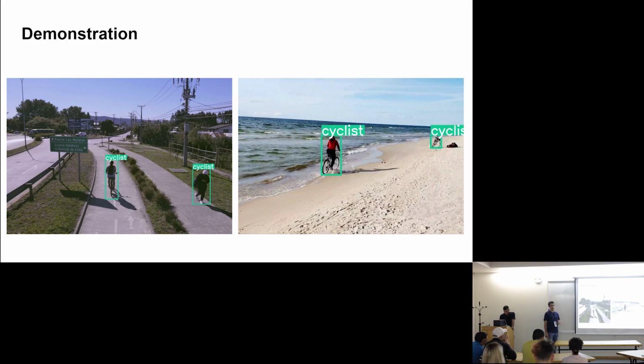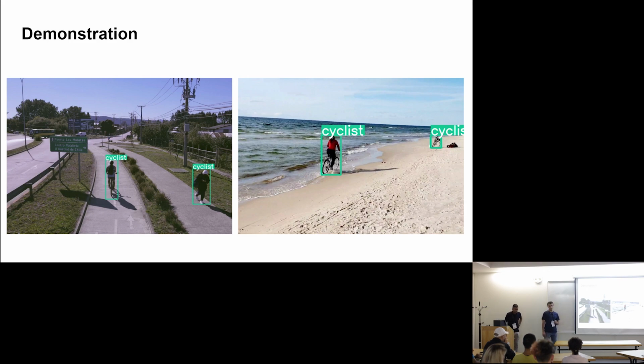First, we added a lot of person data and also a lot of bicycle data to our training data, and it slightly improved our performance. But we got more improvement when we applied a multi-label training approach.